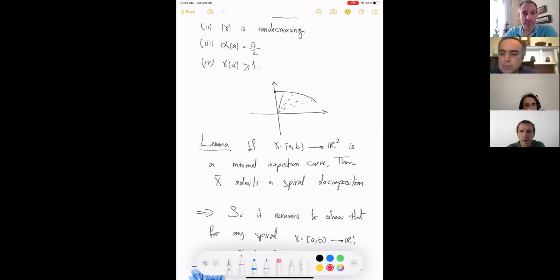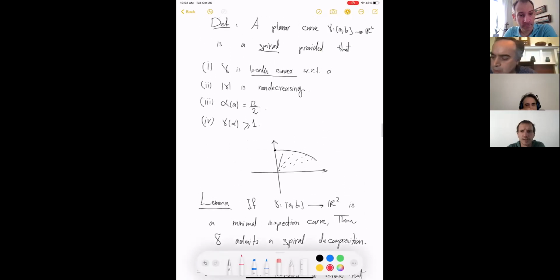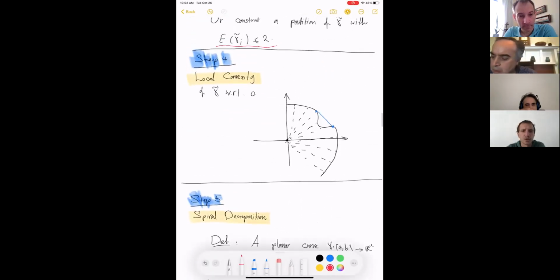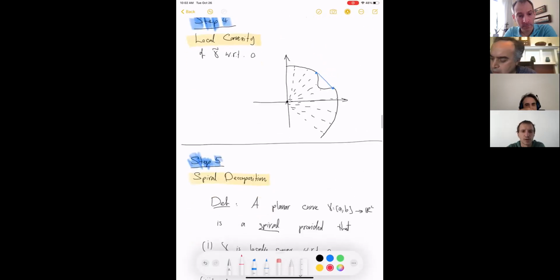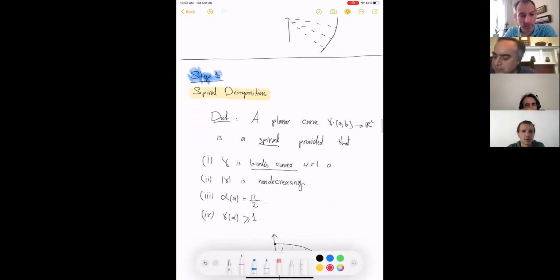Sorry, Mohammad, could you explain condition 4 again? What does it mean, gamma of alpha, in the definition of spiral curve? Oh, sorry, gamma of, yeah, this is alpha, but actually this should be A. This is the initial point.